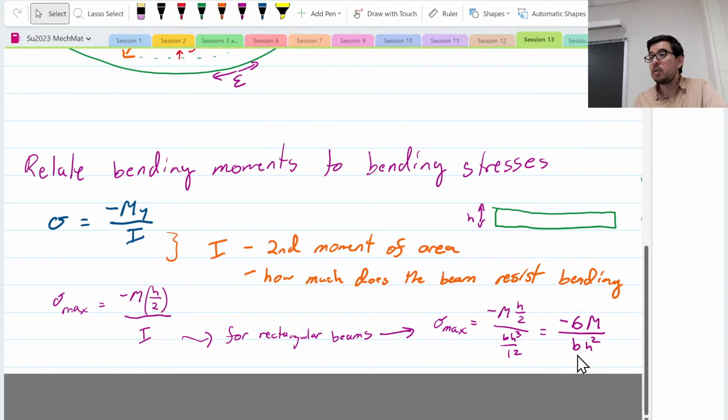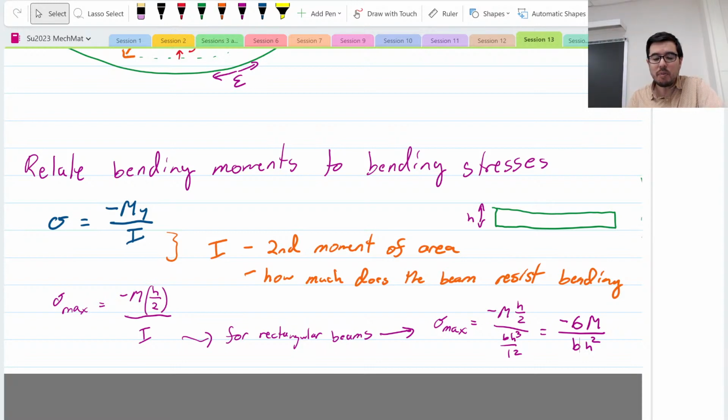So one way to do that is increase b. Another way to do it is increase h, and we said that goes with h squared. Another way to do it is to decrease m. M is often P times L, some type of force times length.